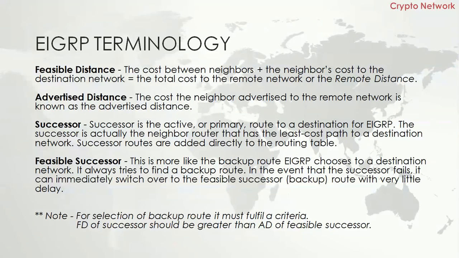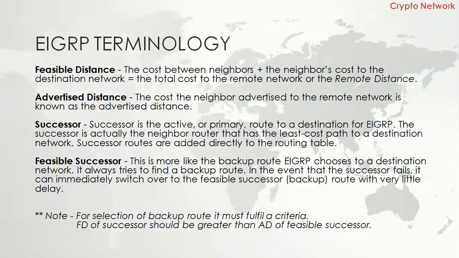Feasible successor. So a feasible successor is a backup path to reach that same destination that can be used immediately if the successor route fails. These backup routes are stored in the topology table. For a route to be chosen as a feasible successor, one condition must be met. And the condition is a neighbor's advertised distance, AD value.